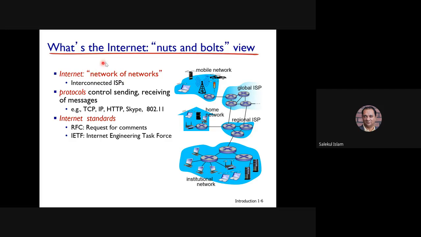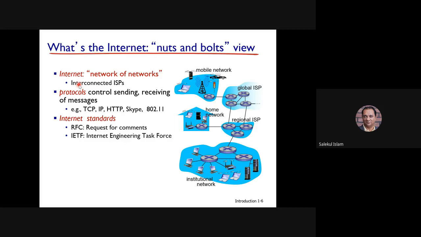This is a single network, but this single network is not being built by a single service provider. এই নেটওয়ার্কটা কোনো একটা সার্ভিস প্রোভাইডার বানায় নাই, ইন্টারনেটটার কোনো সিঙ্গেল অ্যাডমিনিস্ট্রেটর নাই, কোনো সিঙ্গেল পয়েন্ট অফ অথরিটি নাই যে বলতে পারবে যে আই এম দ্য ওনার অফ দ্য ইন্টারনেট or I am the administrator of the internet.